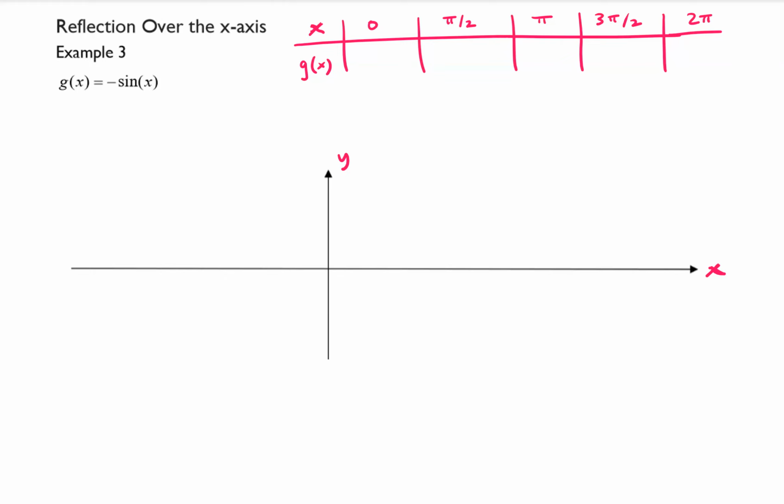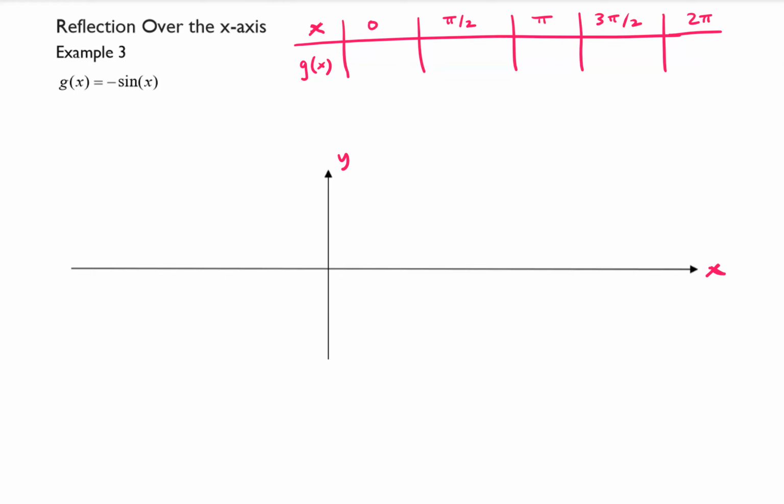Now keep in mind that these values might change depending on what type of transformation you're doing. For example, if we do a horizontal shift, we are going to have different input values, but because we're only doing a reflection over the x-axis, the 5 main input values that we are looking at are not going to change.